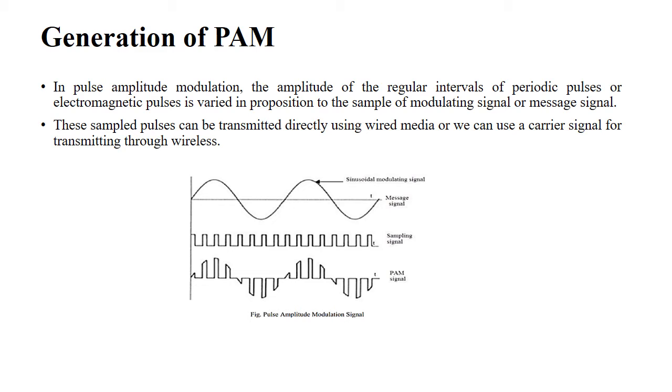These sampled impulses can be transmitted directly over wired media, and can use a carrier signal for transmitting through the wireless method. The pulse shaping network combines the message signal with the sampling signal, so it produces the PAM signal.